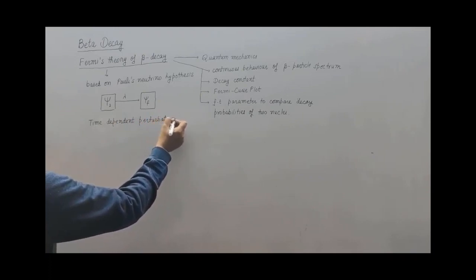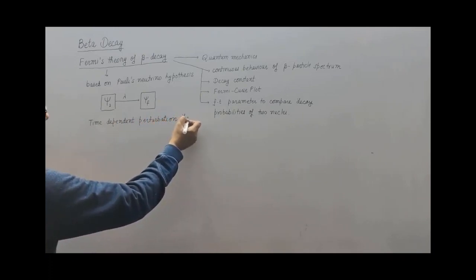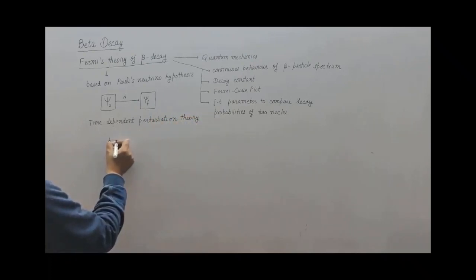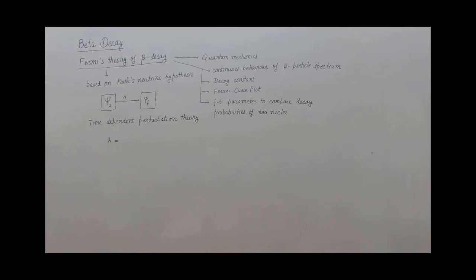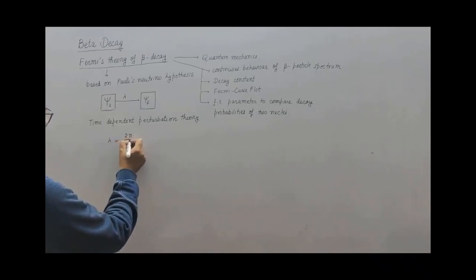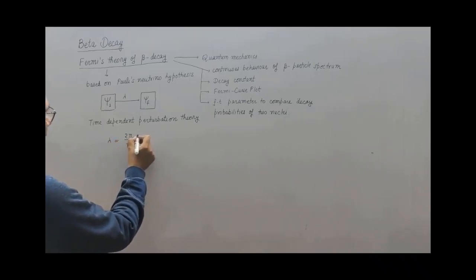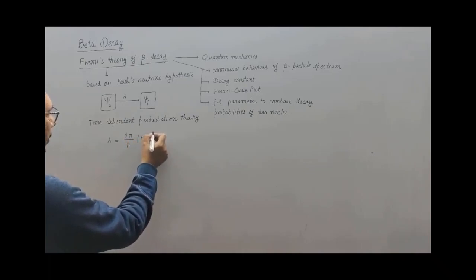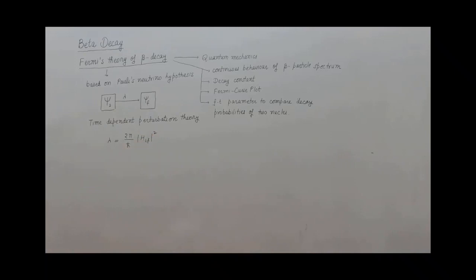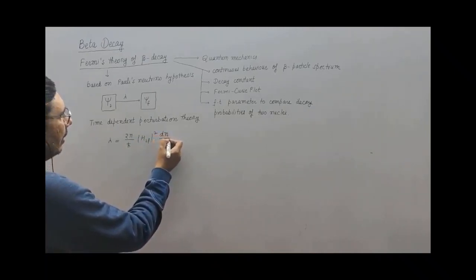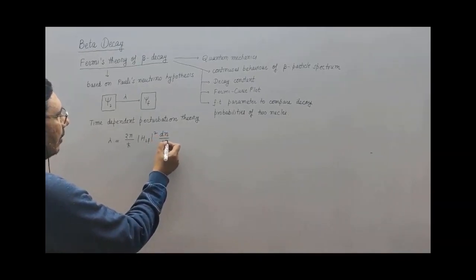And on the basis of this, he found the relationship lambda is equal to 2 pi by h cross, mod HIF square, dN by dEF.